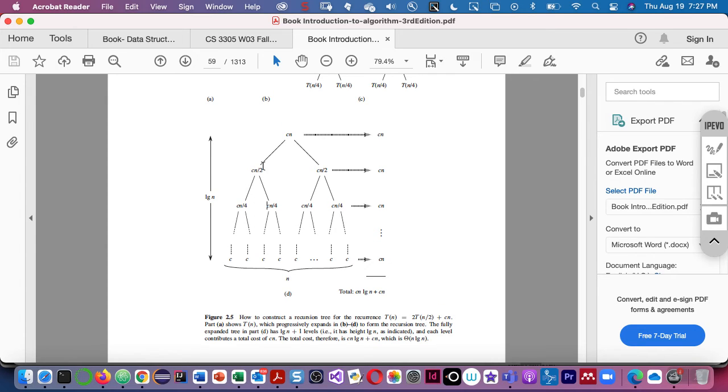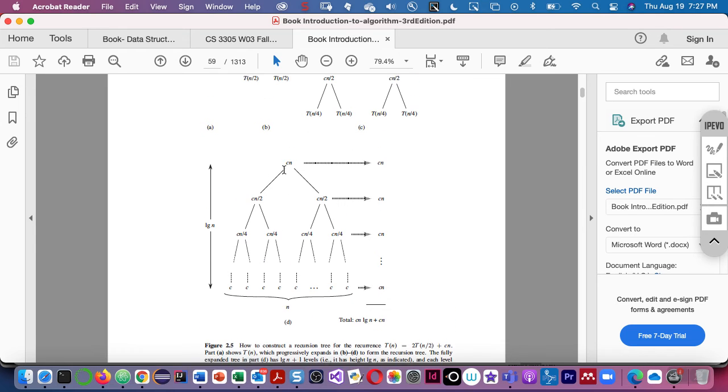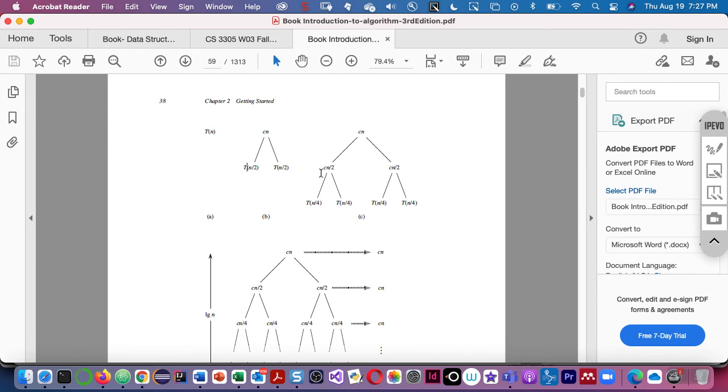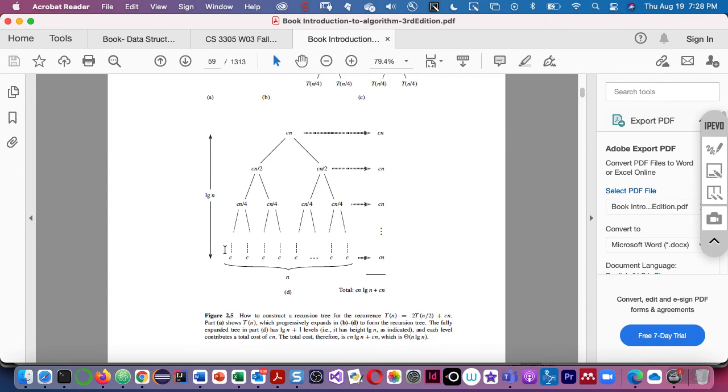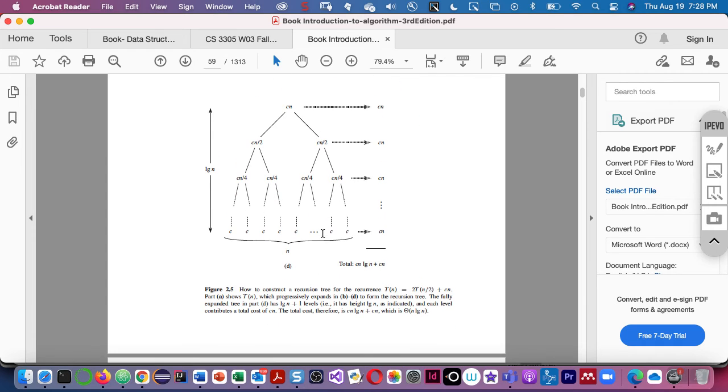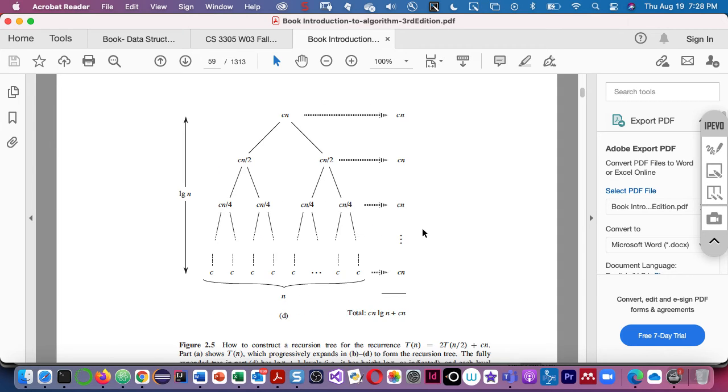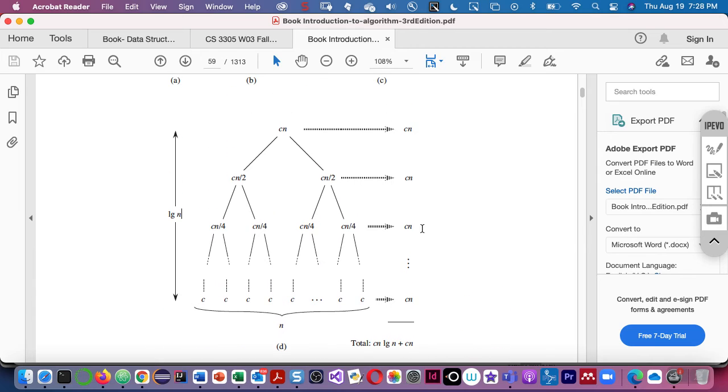Because how many times will it be splitting? Okay, it's not n by 2. Every time it splits on n by 2, and then every time it splits again by 2, the ultimate split count will be log base 2 of n. Okay, and then the total time will be, you see this, this one will take cn, and this one will take 2 times cn by 2, so it will take cn.